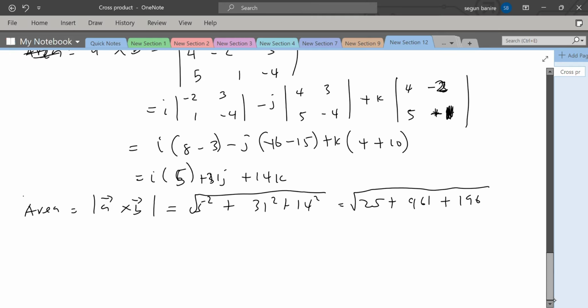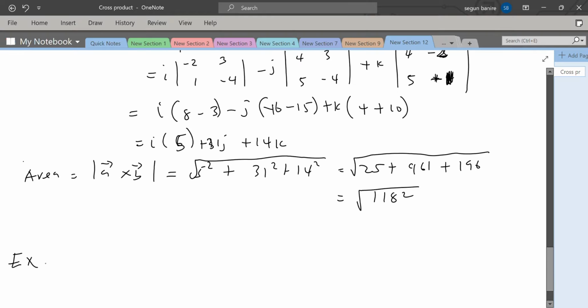By the time you sum that, you should get 1100 and something. So 25 plus 961 plus 196 is 1182. So that is the answer.